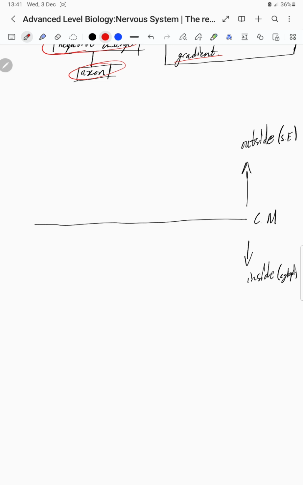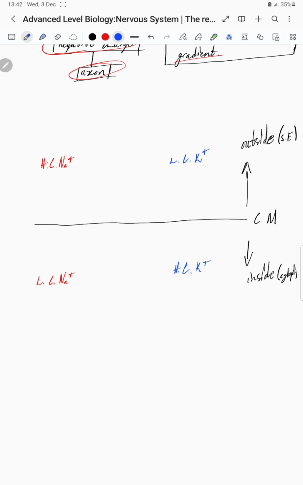Outside we have a high concentration of sodium ions, and inside we have a low concentration of sodium ions. Also we have potassium ions. We have said they have a high concentration on the inside, and a low concentration of potassium ions on the outside.